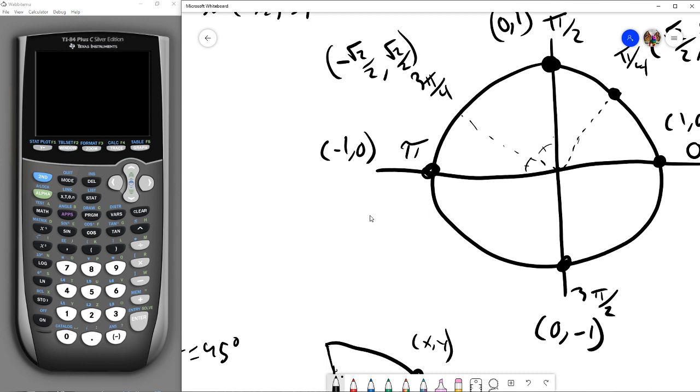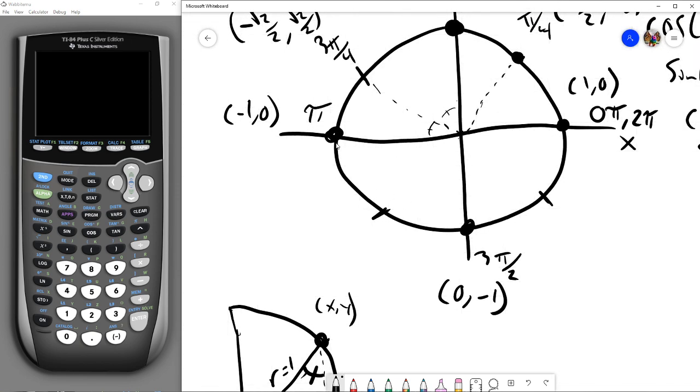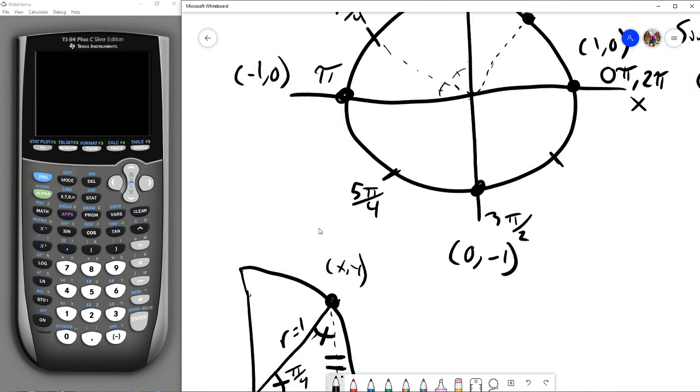We can continue this, just break off across the other quadrant. In this case, if we take pi and add pi over 4, that gives us 5 pi over 4. And our xy coordinates here, again, it's a 45-degree angle from pi to 5 pi over 4, or a pi over 4 angle.